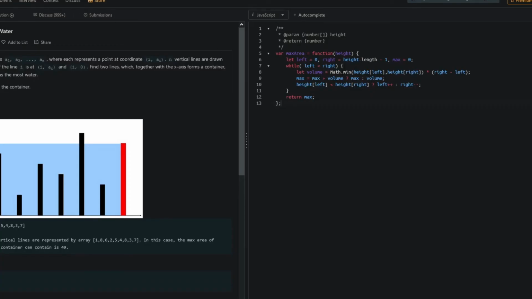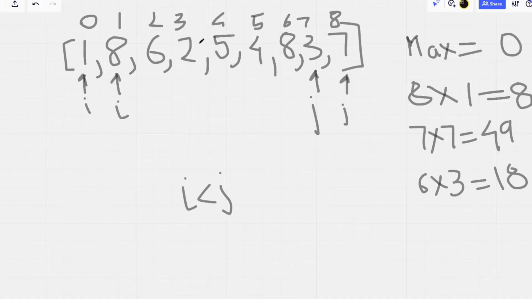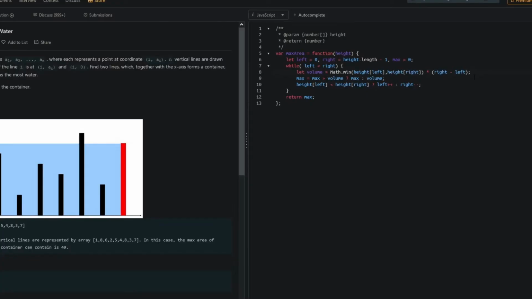And we multiply it with the difference between the two indices. So right minus left, because right will always be greater than left. So we multiply and we get the volume. And then we check if max is greater than volume. If it is, then we keep max, else we take volume.